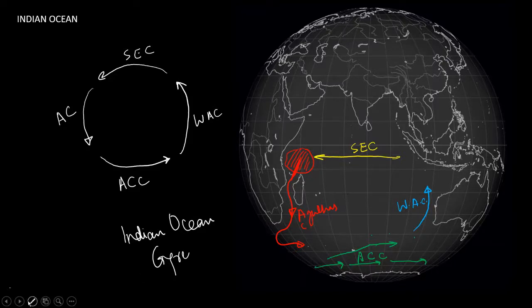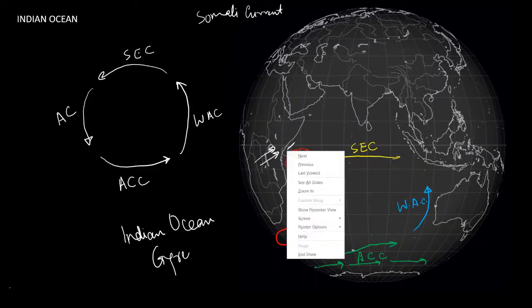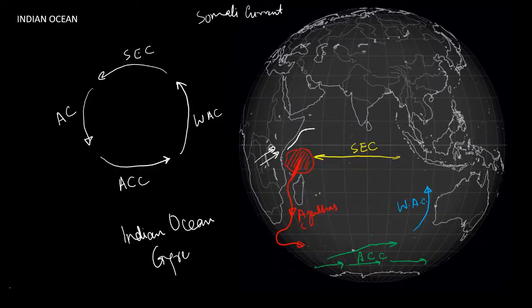If you remember, I had told you about one more current which operates in this region, which was the Somali Current. The Somali Current is unique in one sense that it is a reversible current. Once the winds come from the southwest, that is during the southwest monsoon, the Somali Current flows like this, from south towards north.